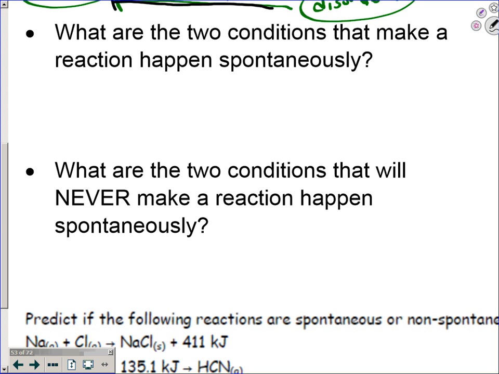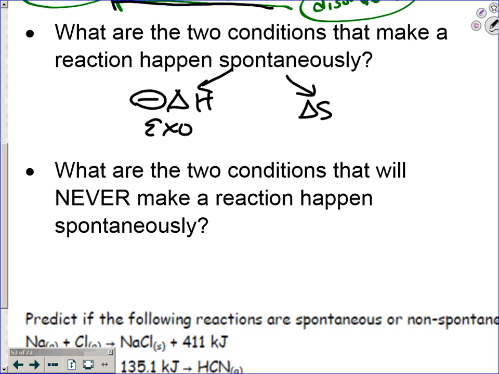So what are the two conditions that will help a reaction to happen spontaneously? Enthalpy must be one, either positive or negative, and entropy must be one, either positive or negative. Who can tell me which is the more favorable condition, endothermic or exothermic? Exothermic. So I want that enthalpy to be negative.